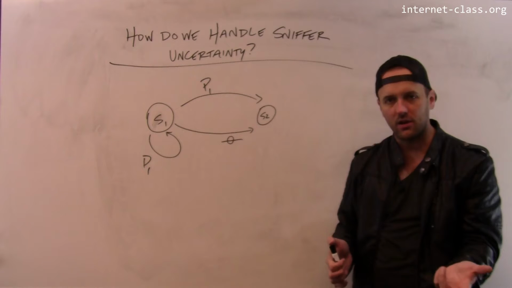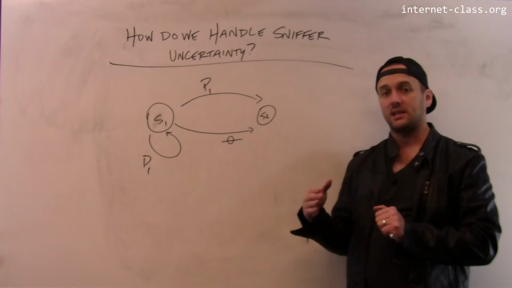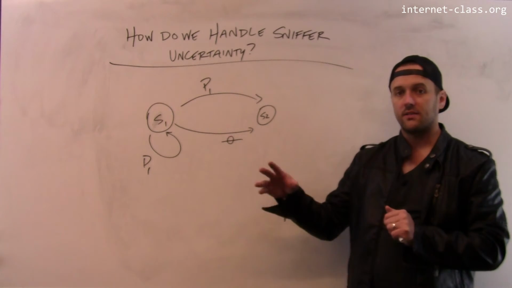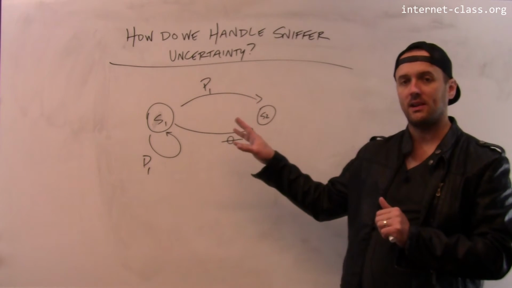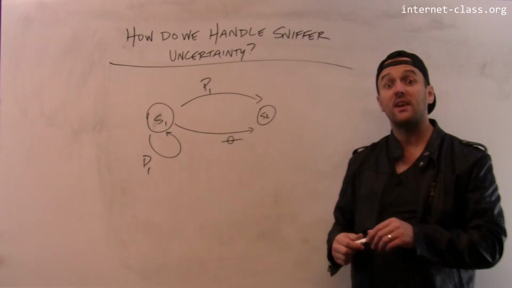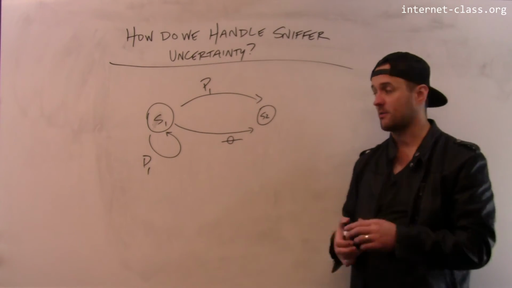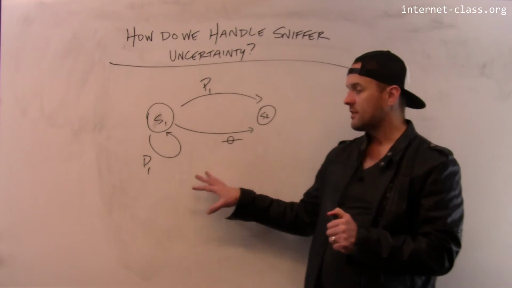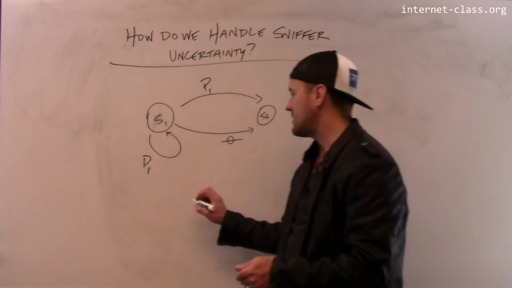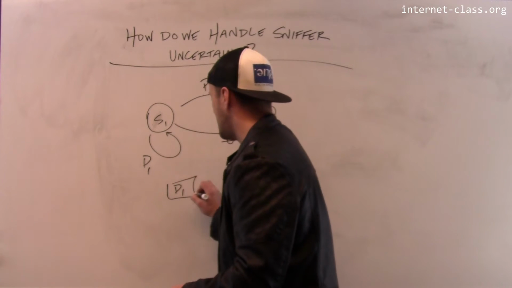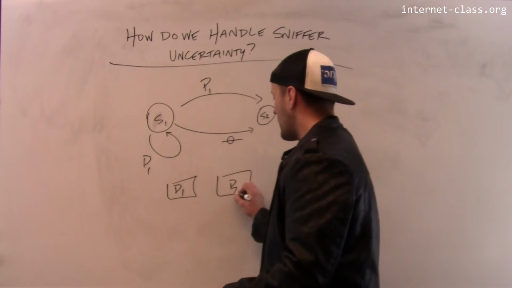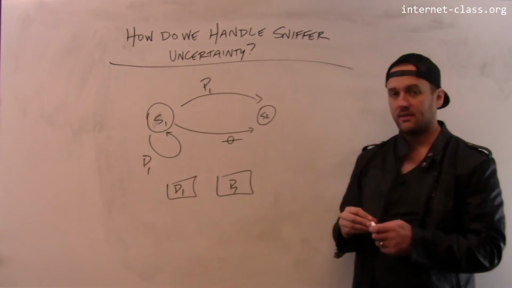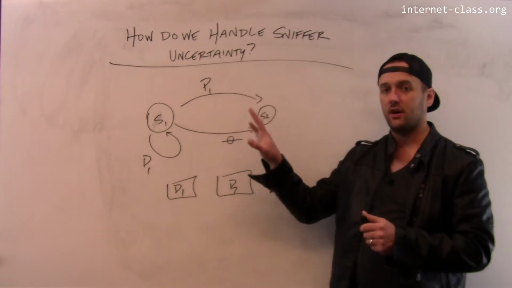So the specific heuristics that we used are described in more detail in the paper. But the goal here is to make this search over the augmented state machine feasible and not have it blow up in exponential time. And this can be done. And so what's outputted from this is, given a particular sniffer trace, what is the probability that this trace would be accepted by the augmented state machine?